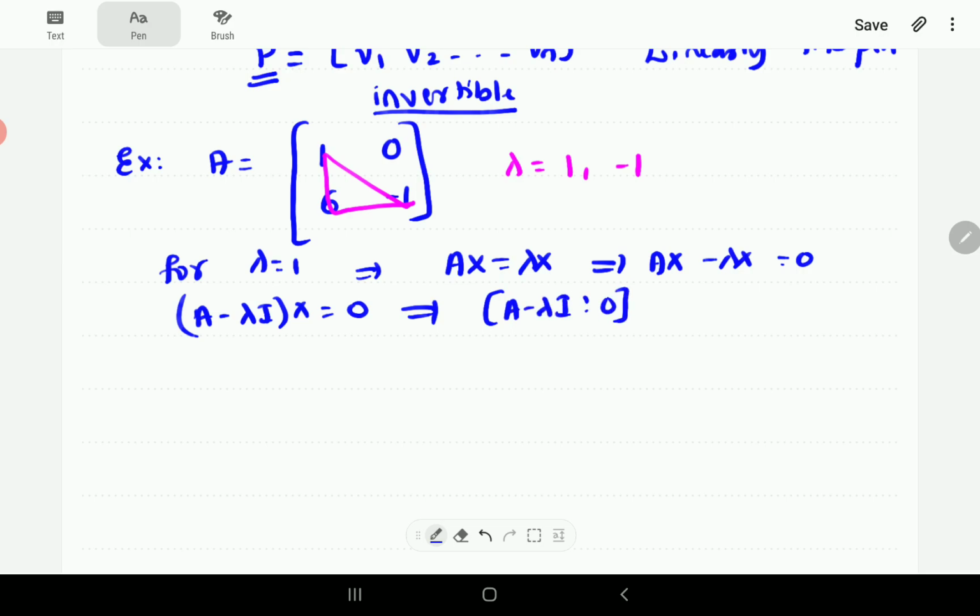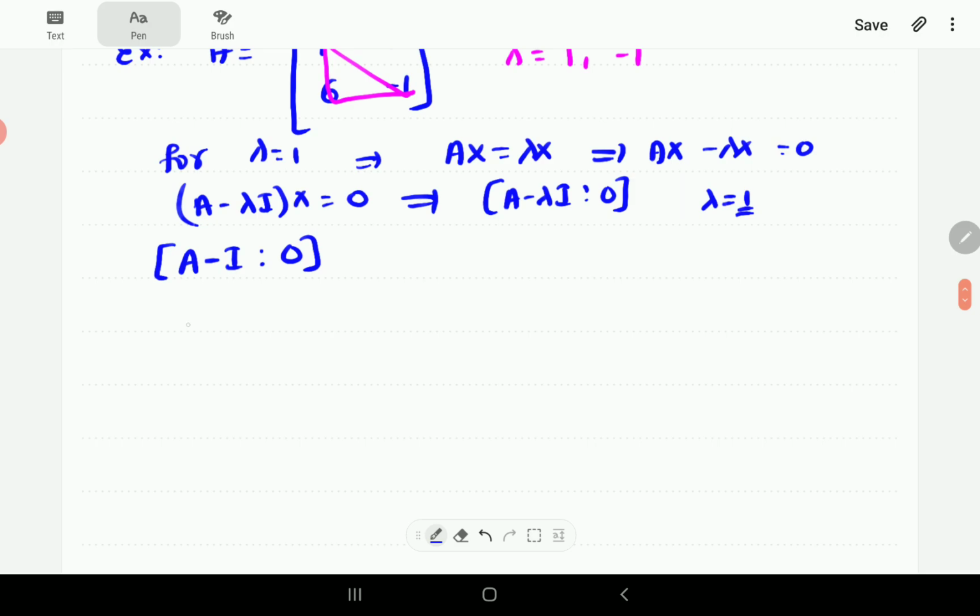Here lambda is equal to 1, so it is simply A minus I augmented with 0.